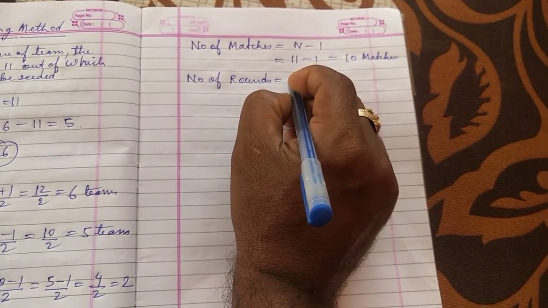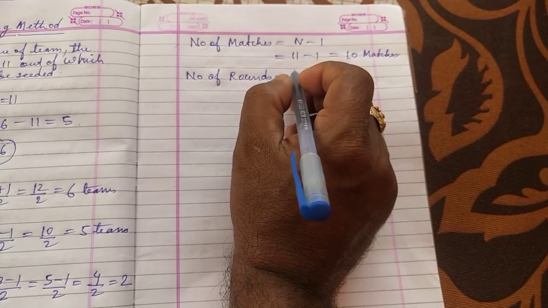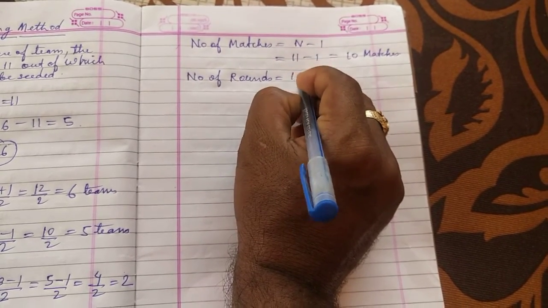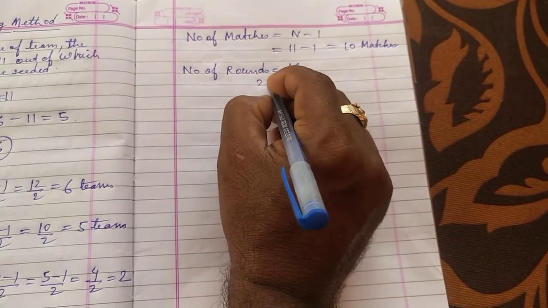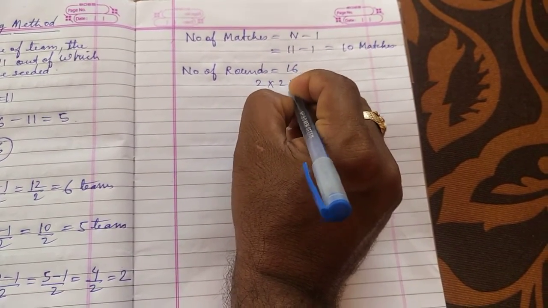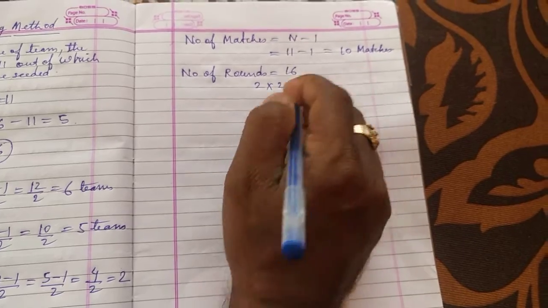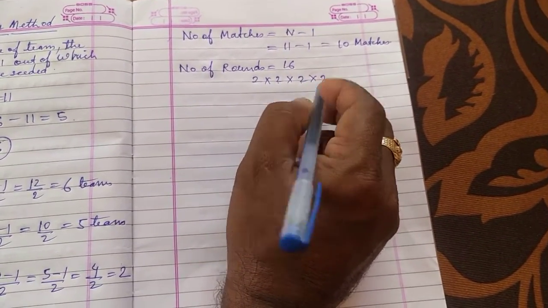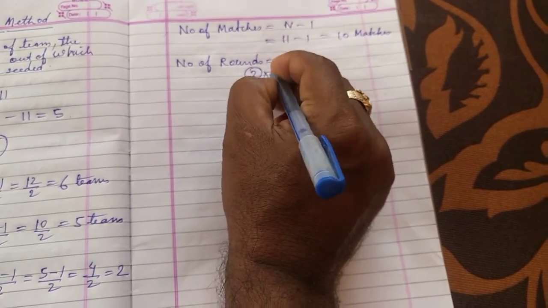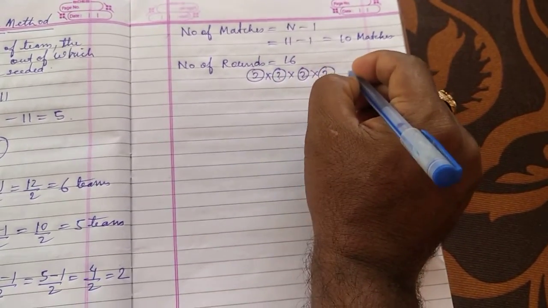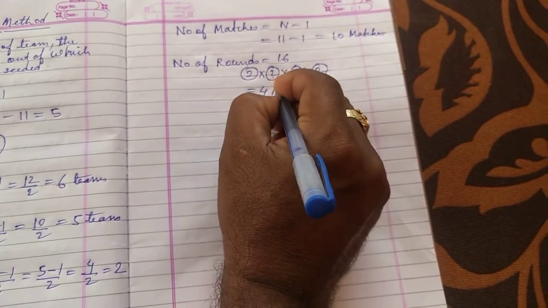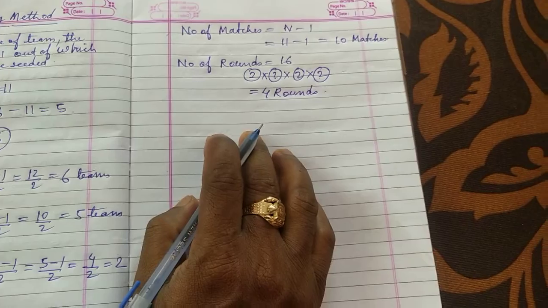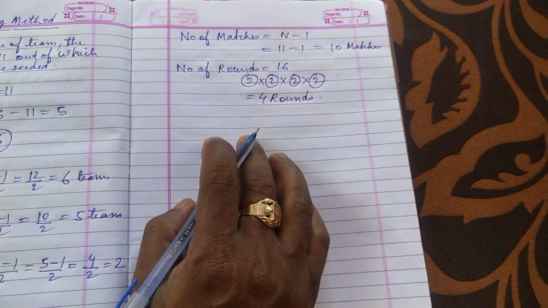What is the highest power of 2? 16. So 2 into 2 into 2 into 2, 2 to 4, 4 to 8, 8 to 16. That means 1, 2, 3, 4. 4 rounds.